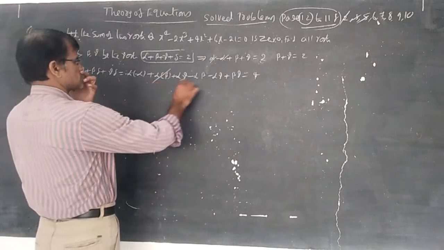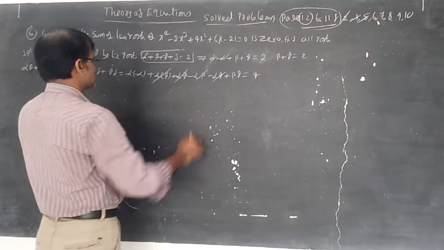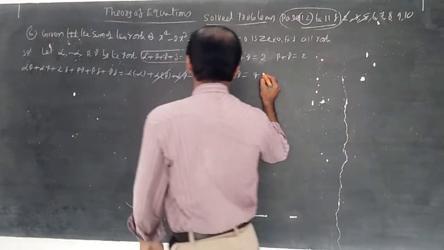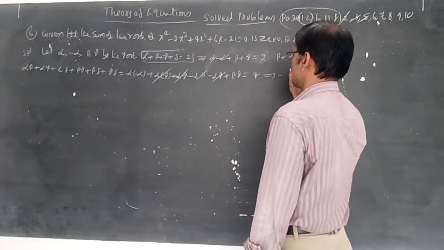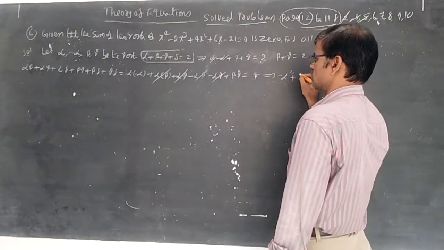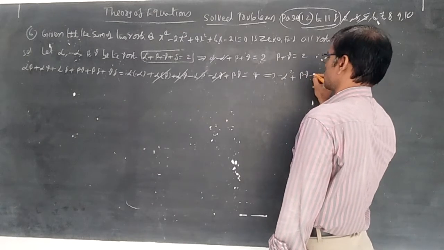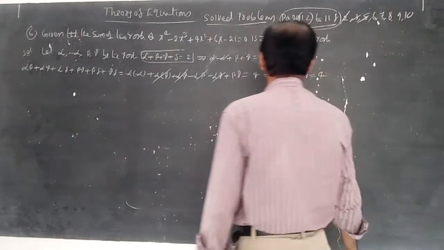Alpha beta plus minus get cancelled, alpha gamma plus minus get cancelled, so minus alpha square plus beta gamma is equal to 4.